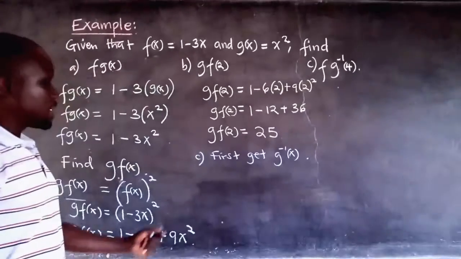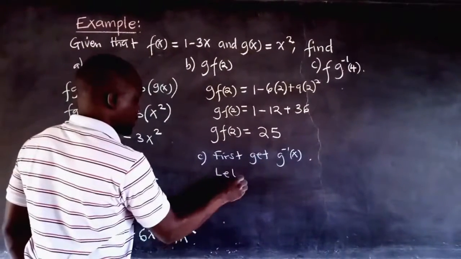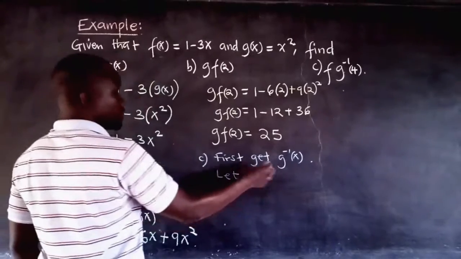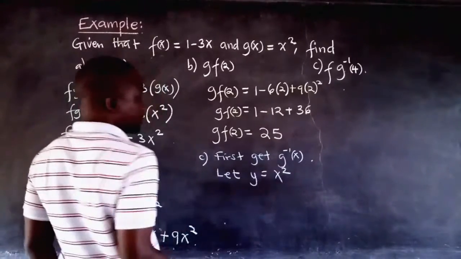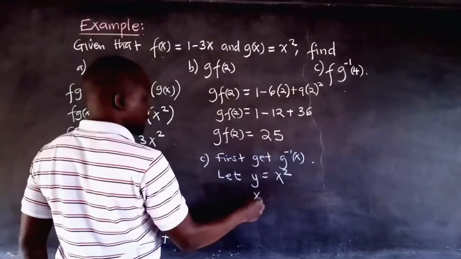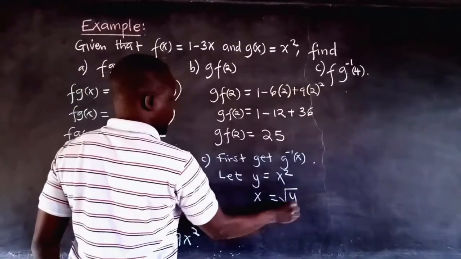We follow the procedure as we learned in the previous lesson by letting, first let y equal to the function which is x squared. And then afterwards we make x the subject. x the subject is root of y.